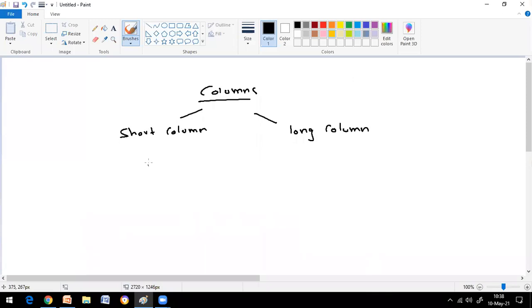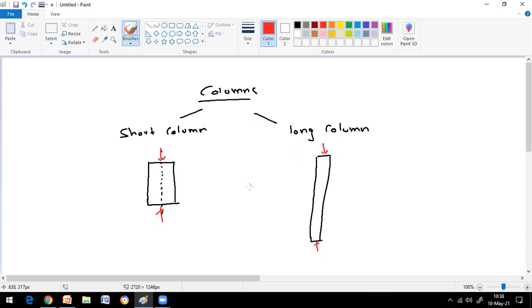Short column means the height of the column will be less, long column means this. Both are columns.